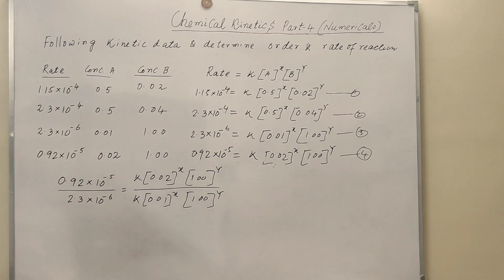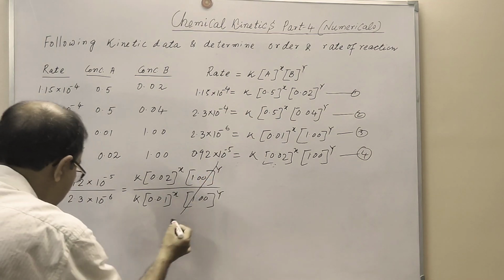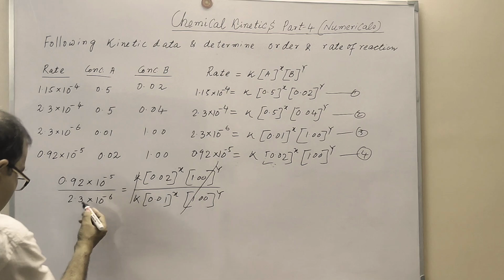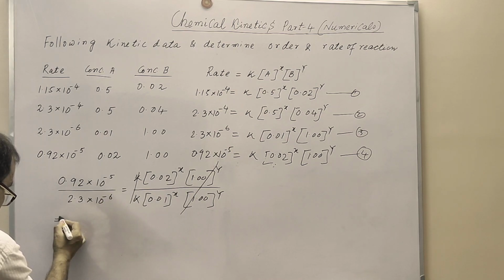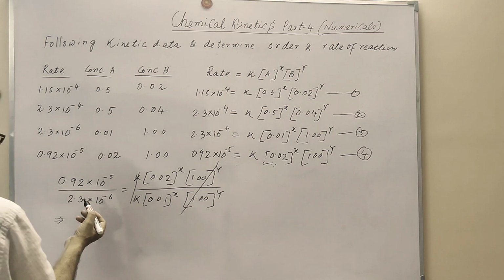Here you can see the concentration of B has remained fixed. It has not changed. So we can cut this, and it will give around, what will be this value?